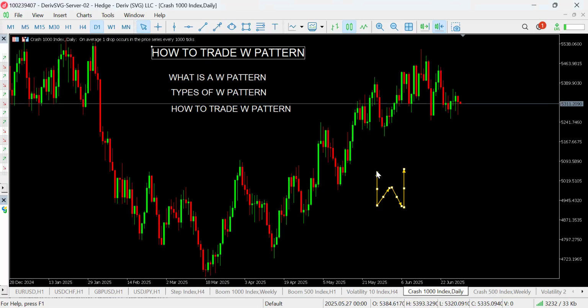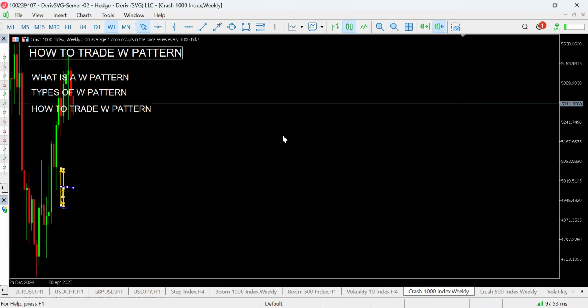If this is a W, this is the most popular form of W pattern. Price got to this point, was rejected, came back to the same point and was pushed upwards. And then, of course, another part of this formation would be the neckline, which is a very important part of it.